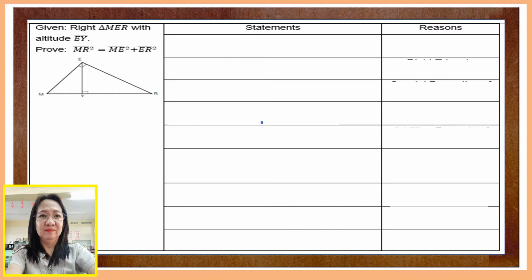Now let us have our formal proof of our Pythagorean theorem. Let us fill out our statements and reasons. So for the first statement, the right triangle MER with altitude EY. Of course, this is indicated in our given.